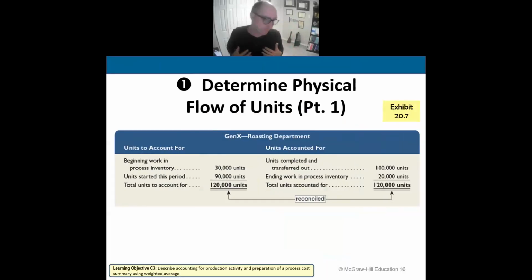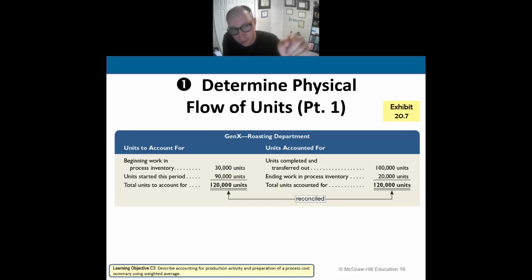Okay, so let's walk through the 4 steps for weighted average. Number 1, determine the physical flow. Beginning work in process inventory plus units started during the month, 120,000 units in this example. And then we have units completed and transferred out, 100,000.